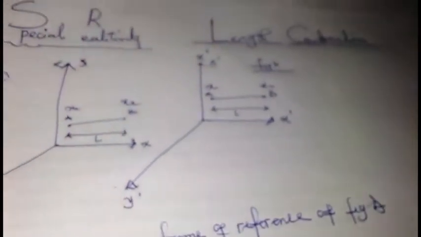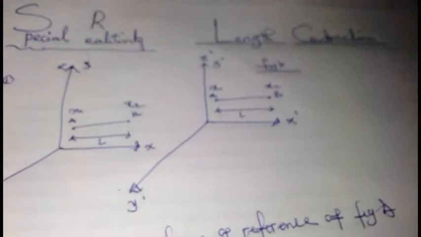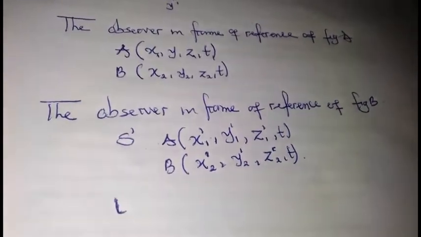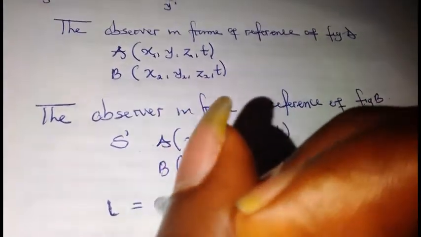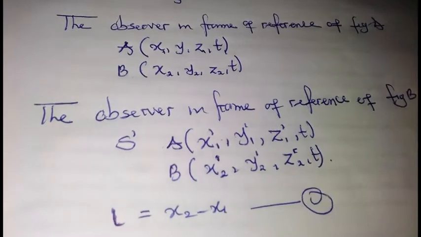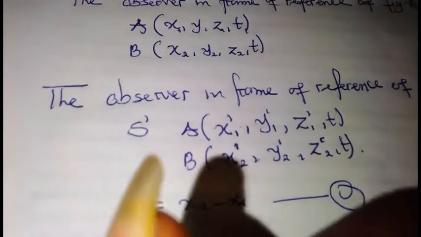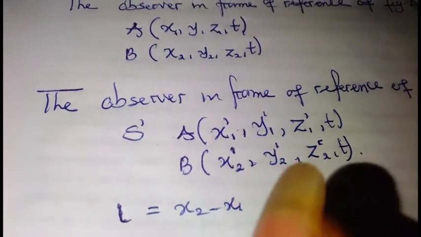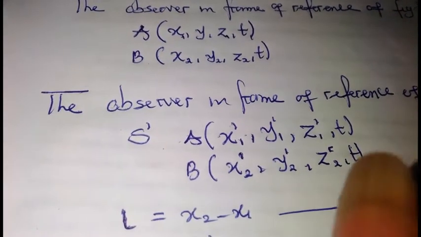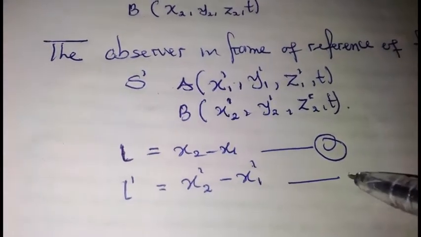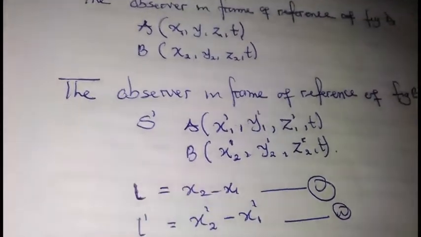So I can say that the length L will be equal to x2 minus x1. Let me call this equation 1. Likewise, L prime will give me x2 prime minus x1 prime. I call this equation 2.